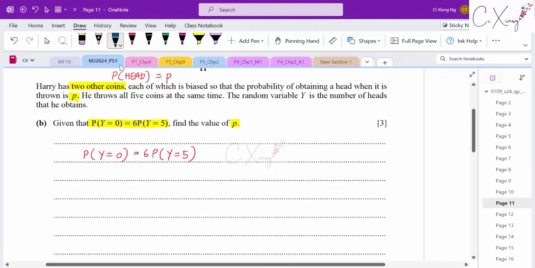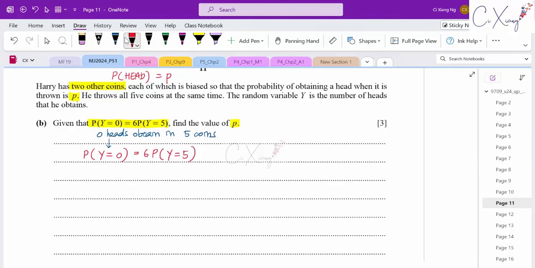Okay, so Y equals 0 means what? It means that 0 heads are obtained in throwing 5 coins. So if all the 5 coins are not showing heads, that means all of them are showing tails.